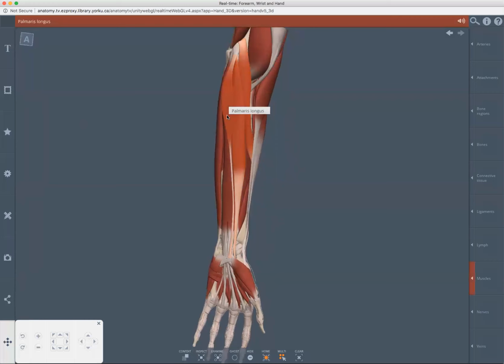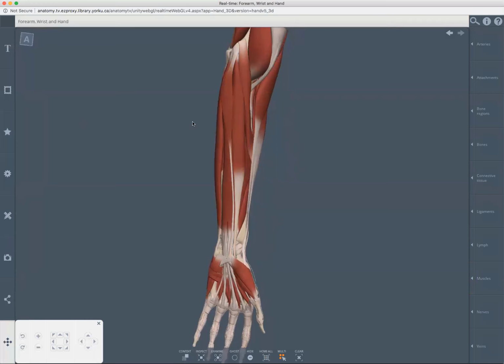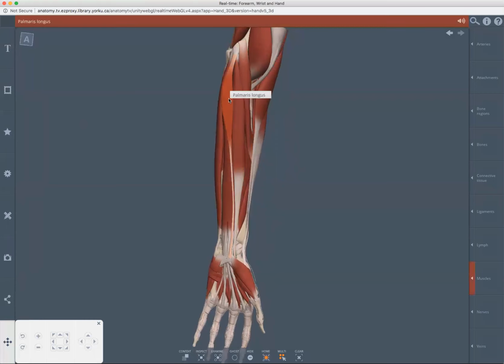The next one over is palmaris longus. Okay, so palmaris longus has a very long, thin tendon, okay? Palmaris longus is a muscle that not everyone has, and some people even have it in one arm but not the other, okay?